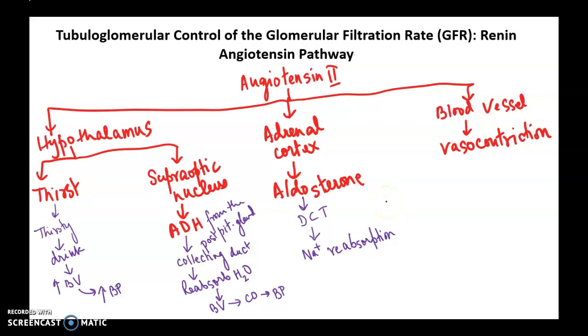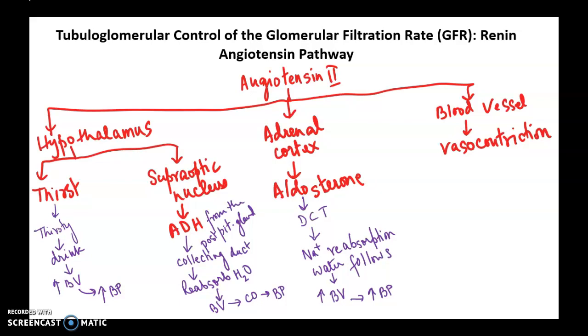And as sodium is reabsorbed back into the system, water follows. So essentially, we are picking up salt water or water and electrolytes from the distal convoluted tubule. This will lead to increased blood volume and increased blood pressure.